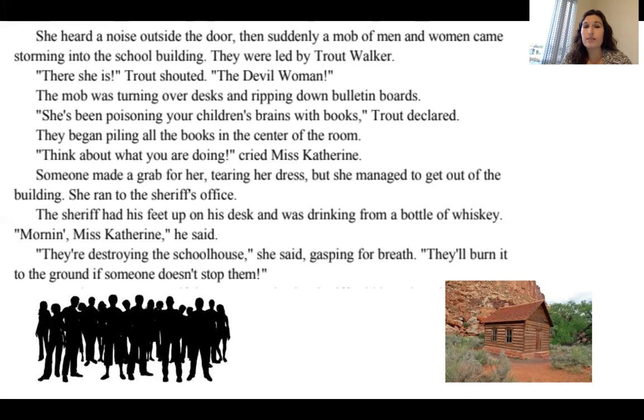She ran to the sheriff's office. The sheriff had his feet up on his desk and was drinking from a bottle of whiskey. "Morning, Miss Catherine," he said. "They're destroying the schoolhouse," she said, gasping for breath. "They'll burn it to the ground if somebody doesn't stop them."